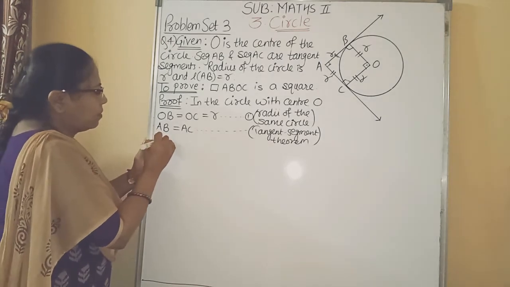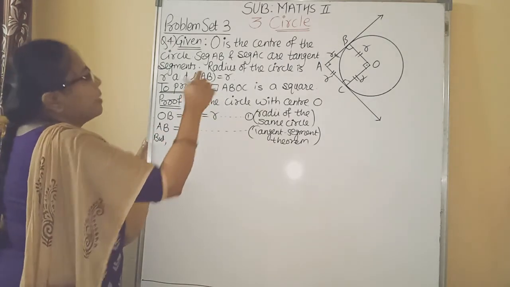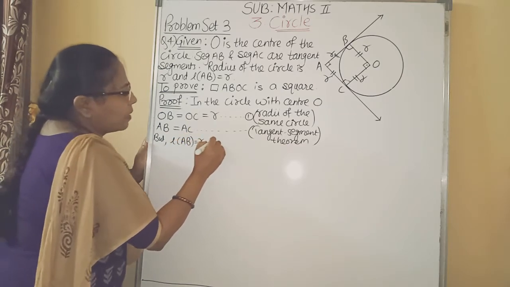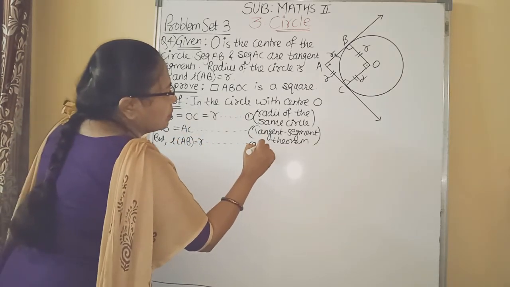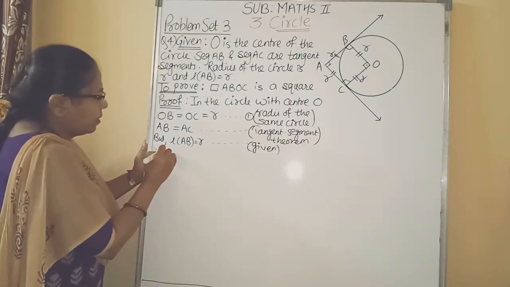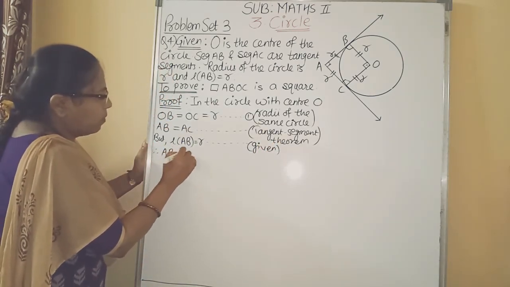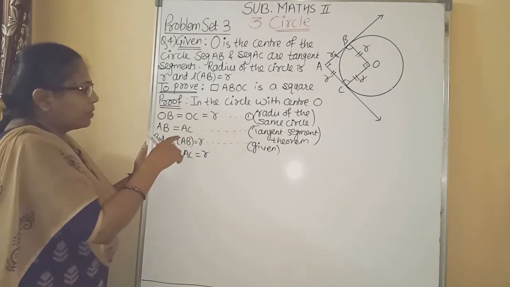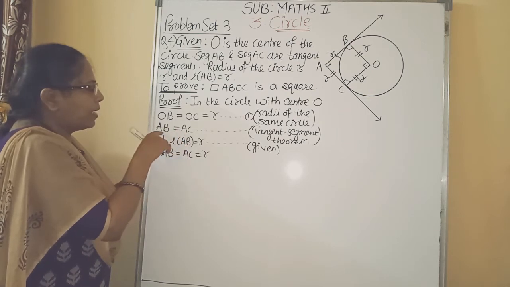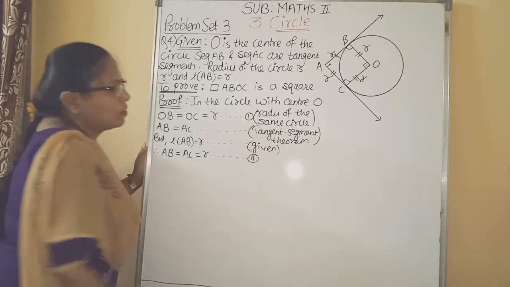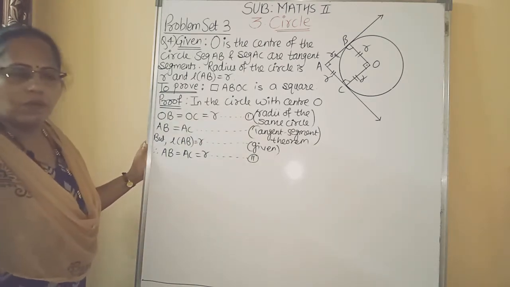But length AB equal to R. Reason, given. Therefore, AB equal to AC equal to R. Because AB, AC are equal, AB is R, so AC is also R. Give your statement number 2. Okay.